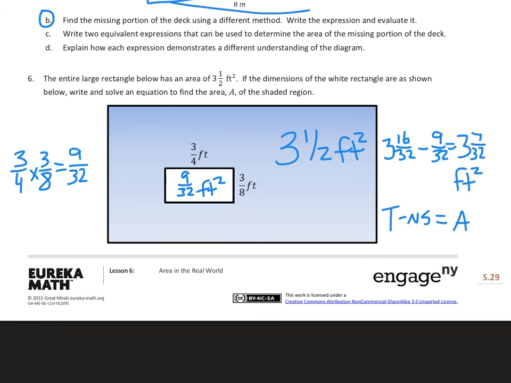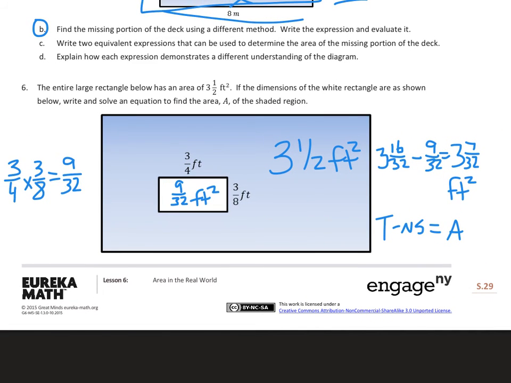Okay, so the last one can seem a little confusing, but it's basically what is the area of the shaded region. Now the 3.5 is not for the shaded. The 3.5 is for length times width of the total. But obviously we're going to have to subtract out this little part here to find just the shaded and not that. So the first step was to multiply 3/4 and 3/8, and you get 9/32, which I believe is in simplest form. And so now we're going to take away the 9/32 from 3.5.